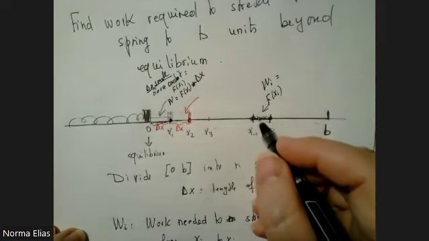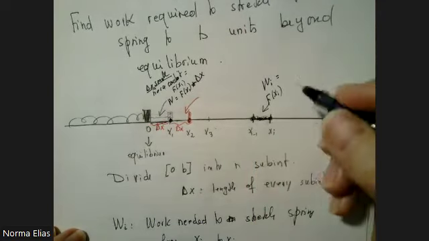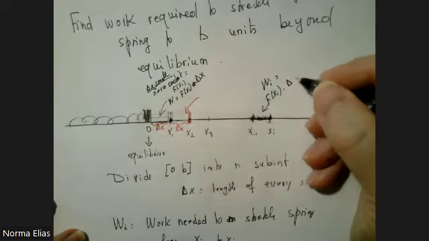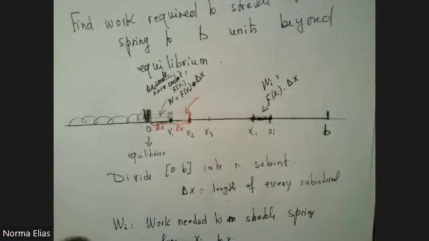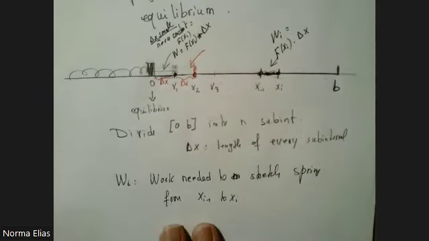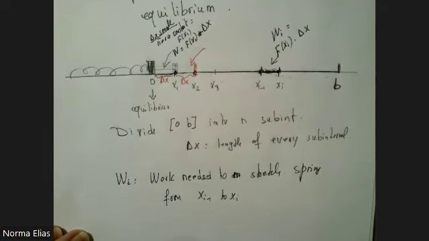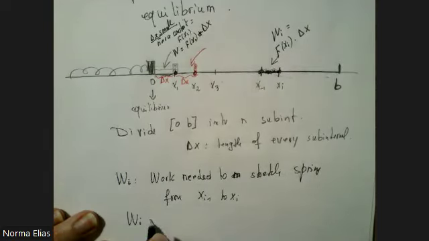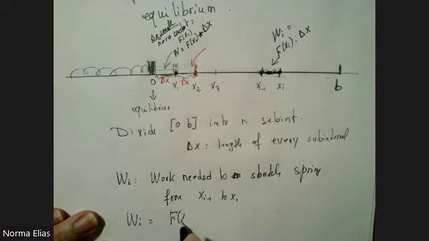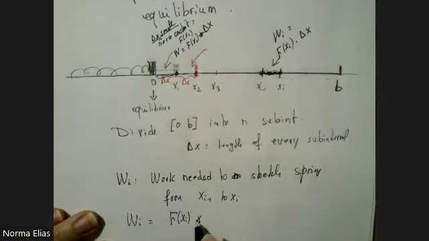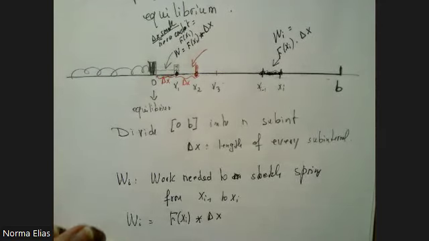We're assuming all those forces are basically the same, times how much we're moving, which is delta x. So let Wi be the work needed to stretch a spring from here to here. Then Wi is equal to the force at xi times the little delta x.